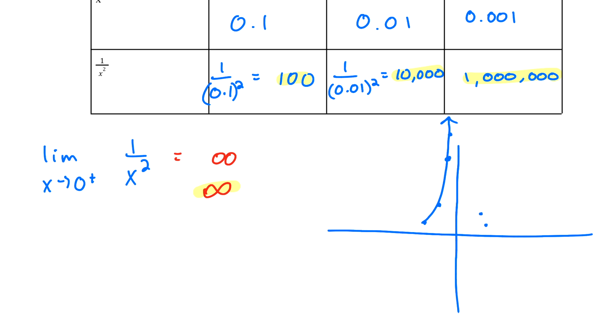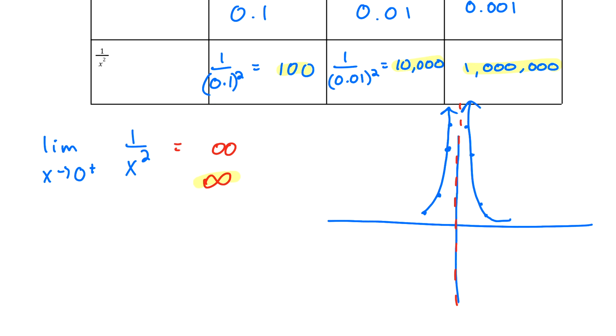As we move closer and closer to 0, our y values are growing larger and larger and larger. What we have right here is a vertical asymptote at x equals 0. And we'll talk more about that in this section. You can see the notes that are posted for an actual definition of a vertical asymptote, but hopefully that sounds familiar. We are going to be talking about that more throughout this section.